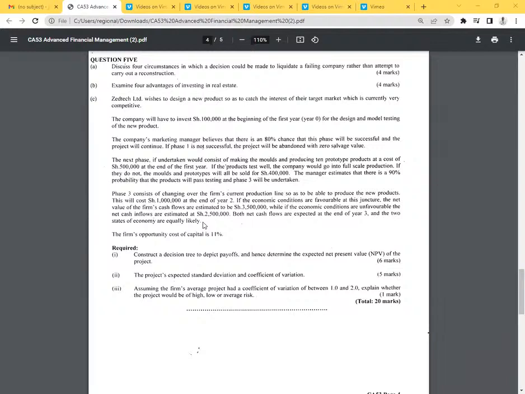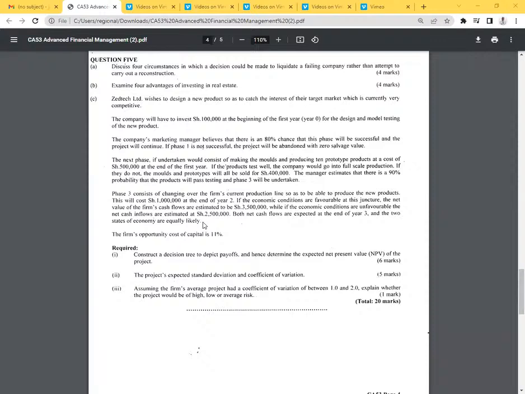If the product tests well, the company would go into full-scale production. If they do not, the molds and prototypes will all be sold for 400. The manager estimates that there is a 90% probability that the product will pass testing and phase 3 will be undertaken. Phase 3 consists of changing over the firm's current production line so as to be able to produce the new products. This will cost $1 million at the end of year 2.